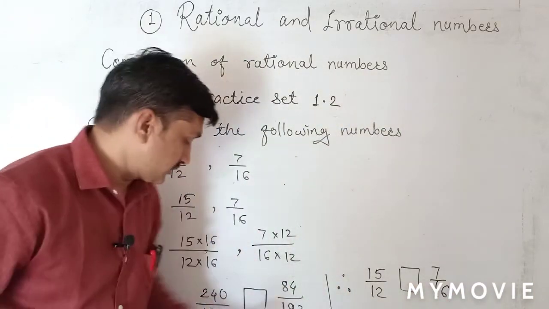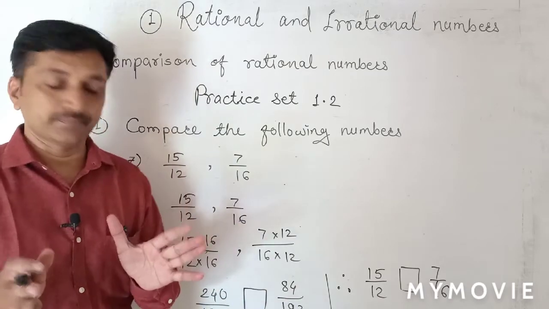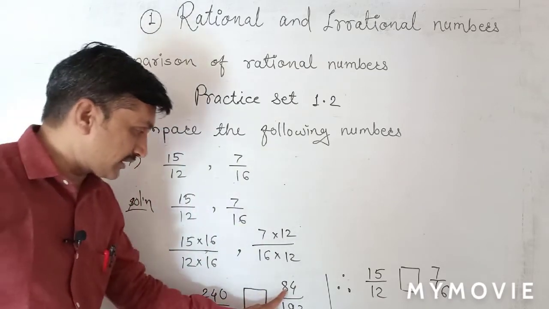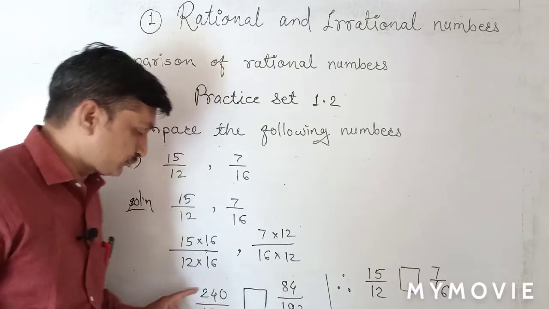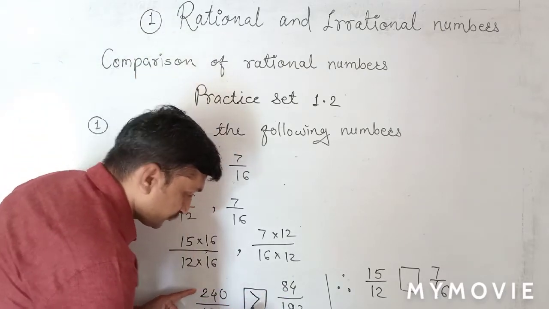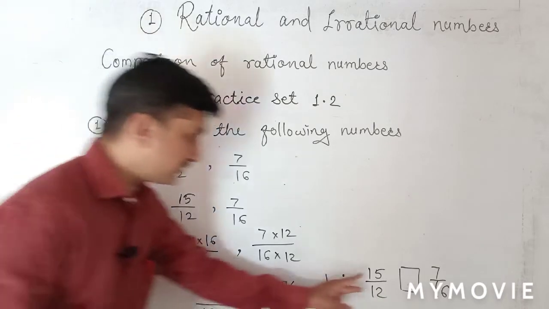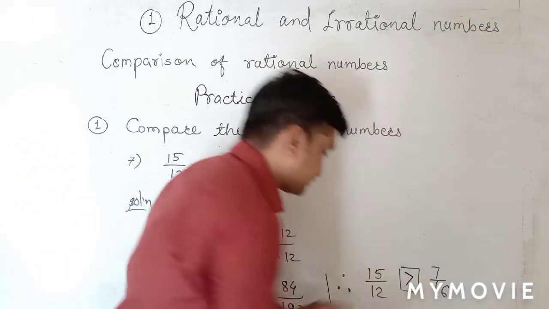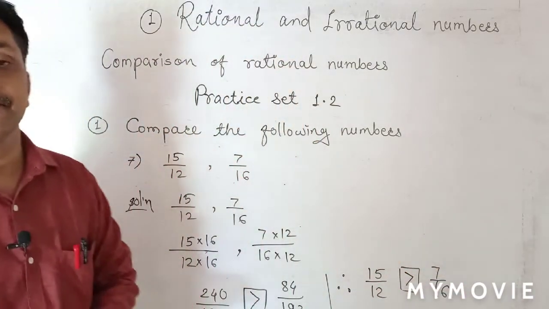Same here and here. Now compare here: 192, 192, both denominators are same. Here 240, here 84. 240 is greater, that's why this fraction is greater. Same sign you write here: 15 upon 12 is greater than 7 upon 16.